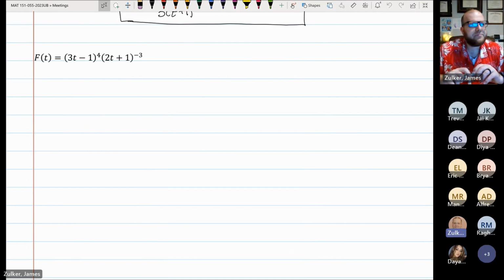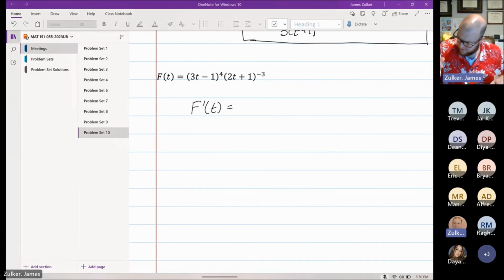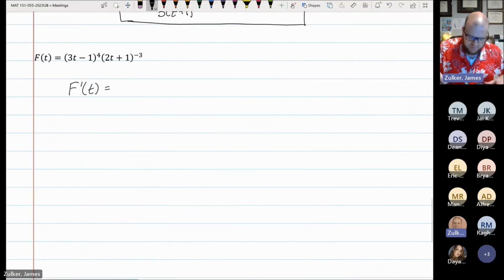All right. F prime of t. What's going on? It's not battery power, so why is my screen so dim? Technology is really not my friend today. There we go.